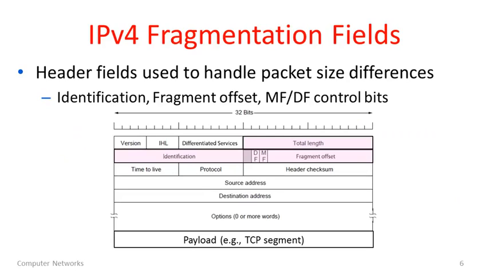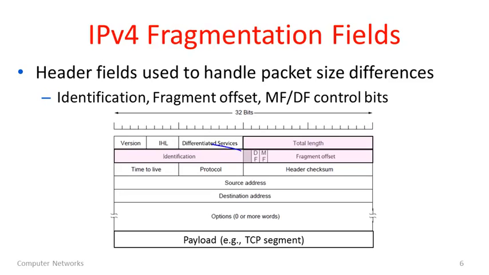So going into more detail for fragmentation, fragmentation information is conveyed using header fields on the IP packet. I'm showing you here a picture of the format of the IPv4 header. This is the same picture we've seen before, and I've shaded in pink some of the fields which are used for fragmentation. We'll see how in just a minute.